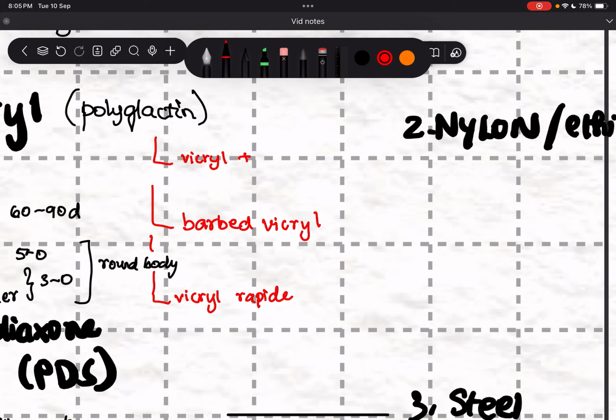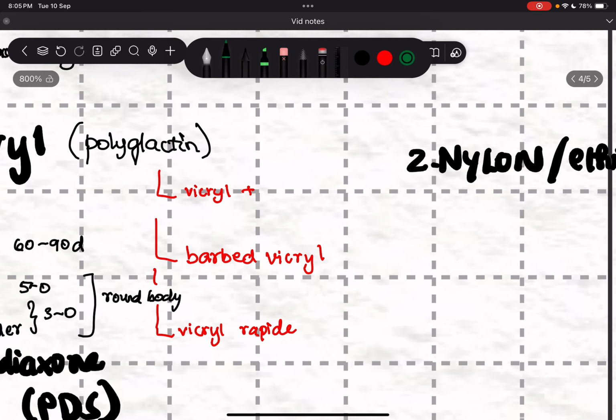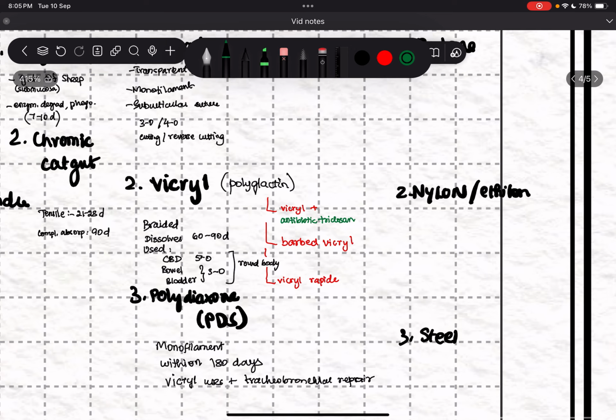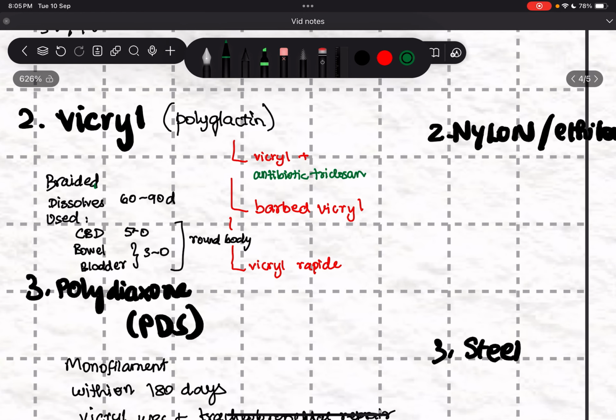This vicryl plus is coated with antibiotic triclosan. As already told, vicryl is braided, and there is a chance of lodging within those gaps of threads. So, antibiotic triclosan coated one is used to reduce the risk of infection.